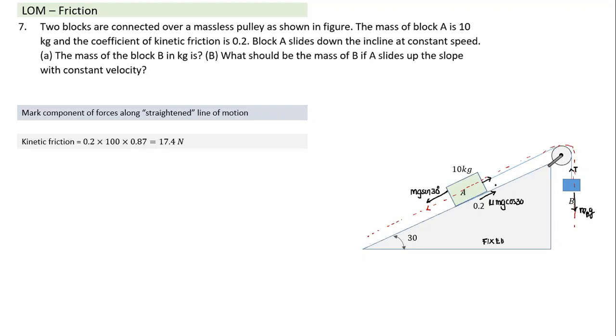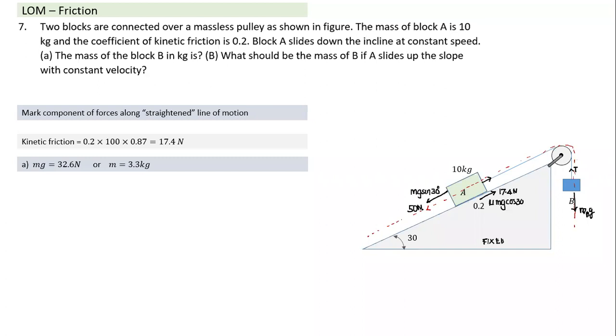So this force comes to 17.4 newtons. Then we have mg sin 30. Sorry, mg sin 30, how much will that be? 100 by 2, which is equal to 50 newtons.